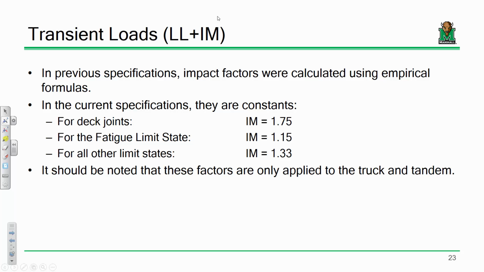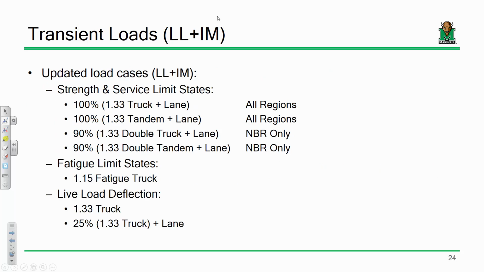The only one that's a little unique is the fatigue limit state, where you use a different factor, and for joints, you've got to bump it up a little further because they're experiencing that direct impact. Does that make sense?